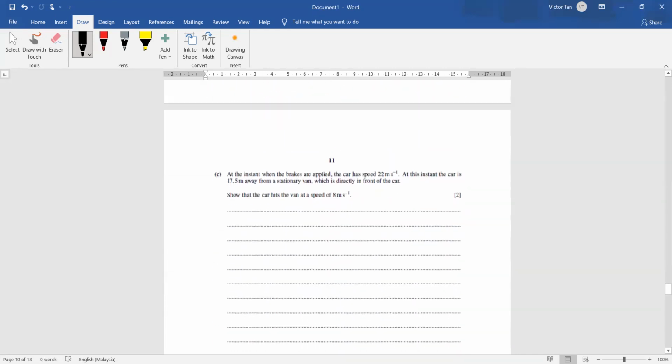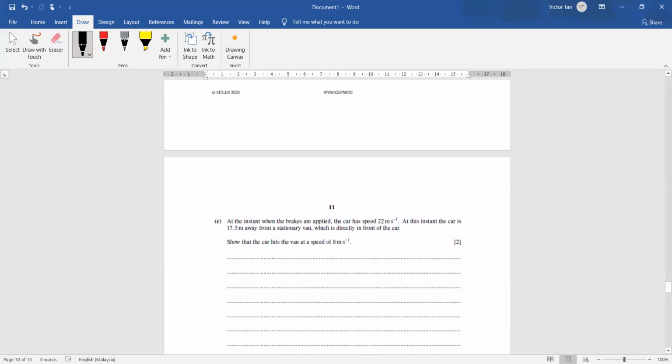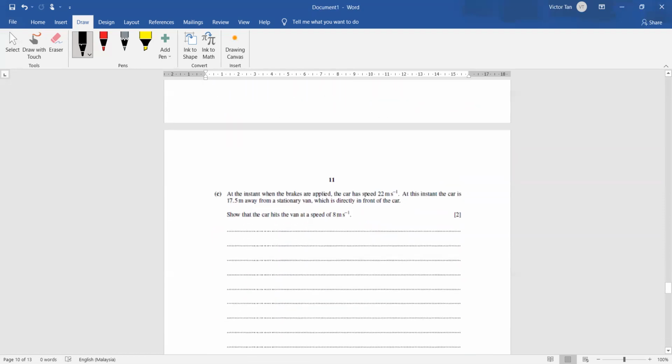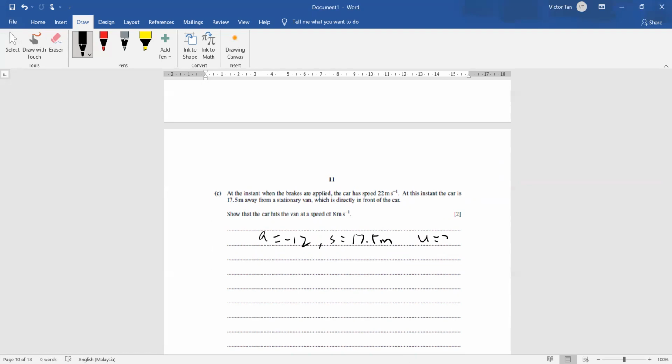So solve it. At this instant, when it brakes, the car has a speed of 22 meters per second. At this instant, the car is 17.5 meters away from a stationary van, which is directly in front of the car. Find the speed at which the car hits the van. So you have A is minus 12, S is 17.5 meters, U is 22.